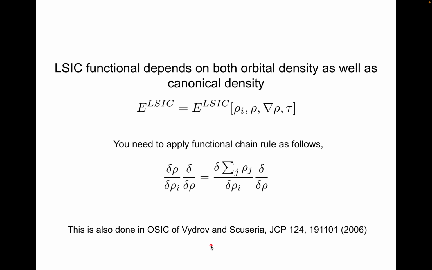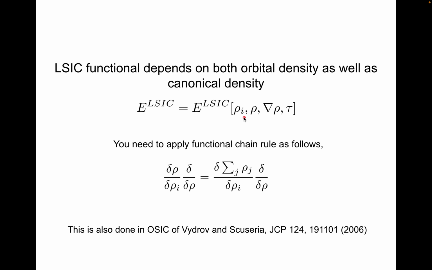Okay, so one of the important things to mention for the LSIC functional is that it is a functional of not only the local orbitals, but also of the canonical orbitals as well. And to take the variation with respect to rho, you need to consider both the local orbitals and canonical orbitals.